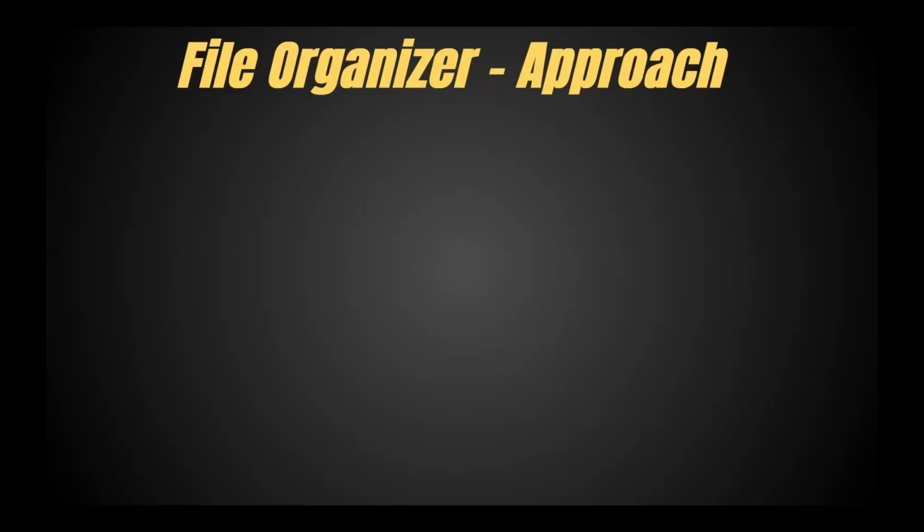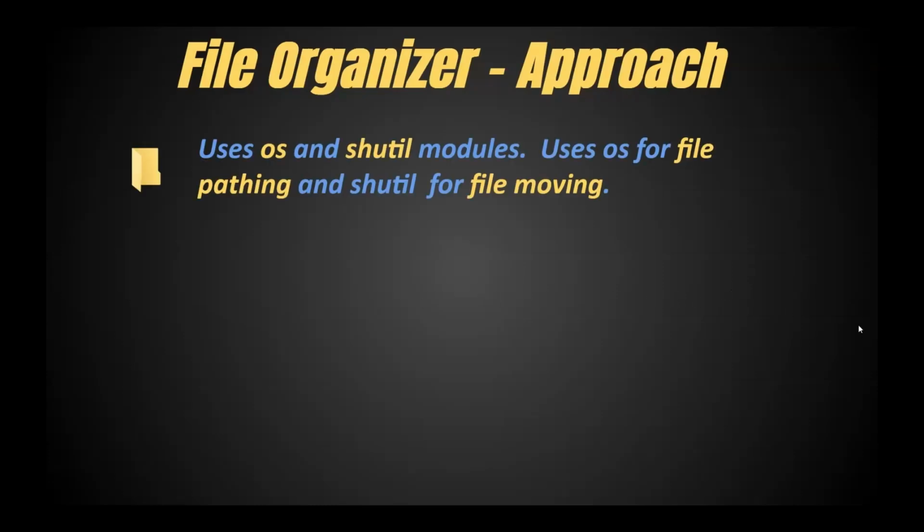Let's check out the approach here. I'm going to use the modules OS and shutil from Python for this file organizer project. I'm going to use OS for file pathing.